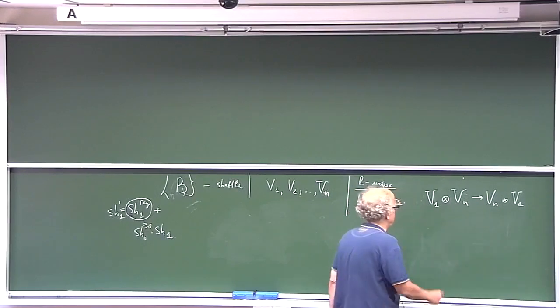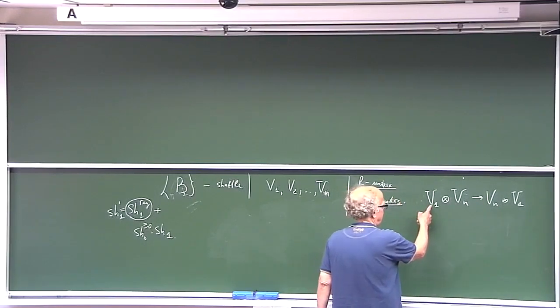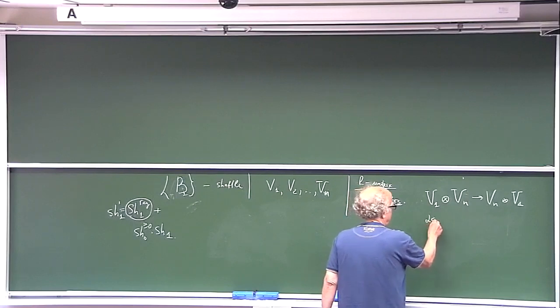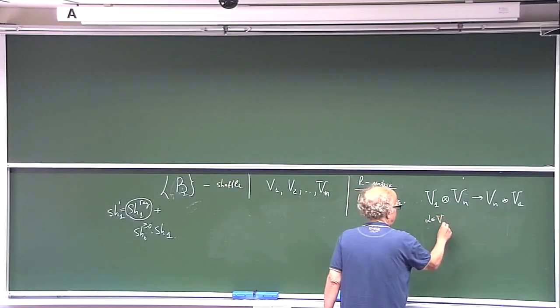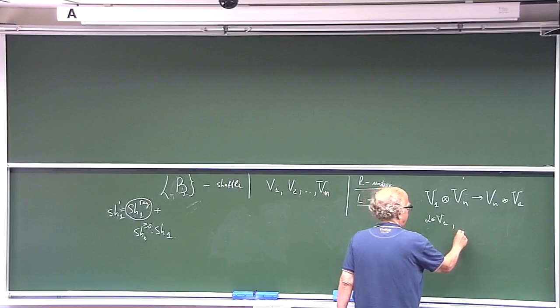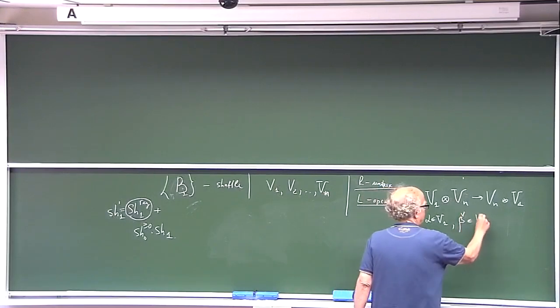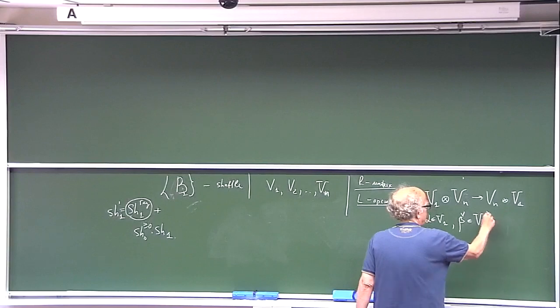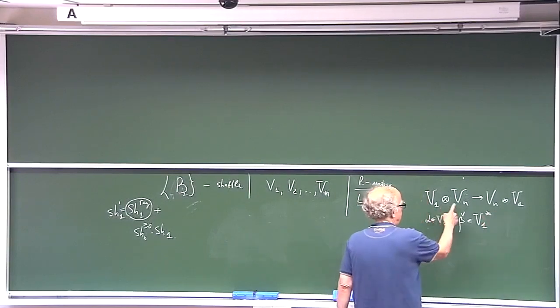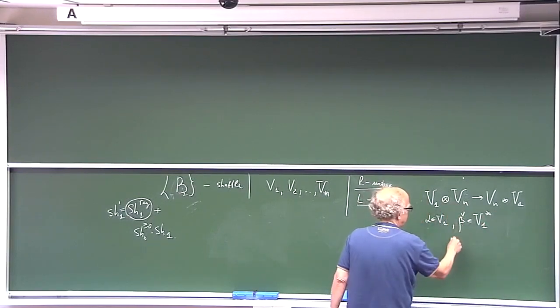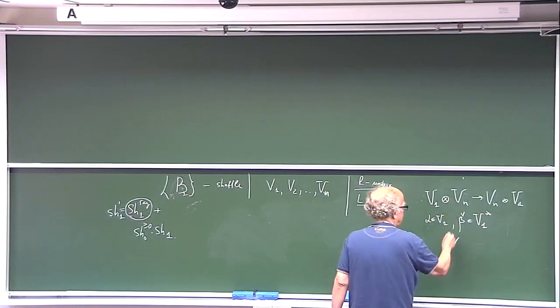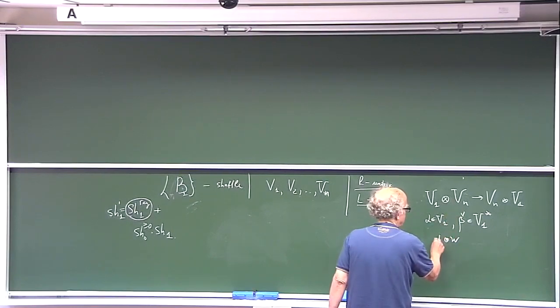So what does it mean? I can take an element alpha from V1 and an element beta check from V1 star. And then I can take an element w from here times alpha.